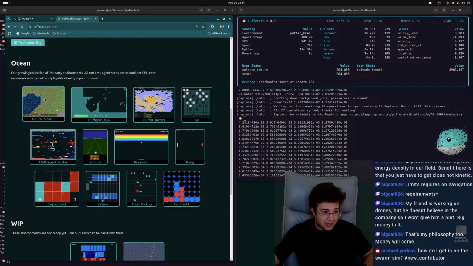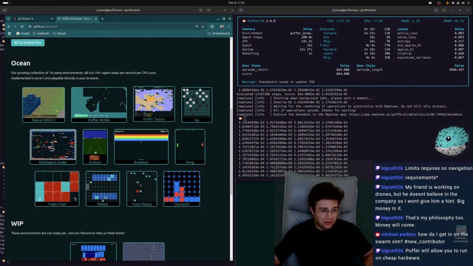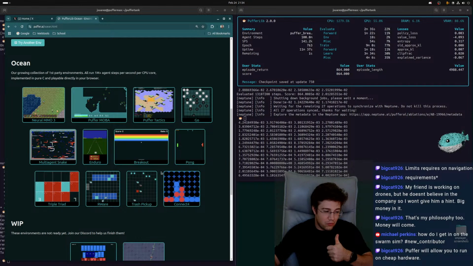I built this environment. This one, this one, and this one were all just contributors who showed up and were like, hey, I want to build a thing. How about this? And I said, go for it. And then I just gave input along the way and helped. But yeah, literally you just start building sims.